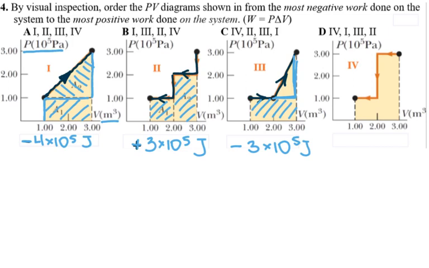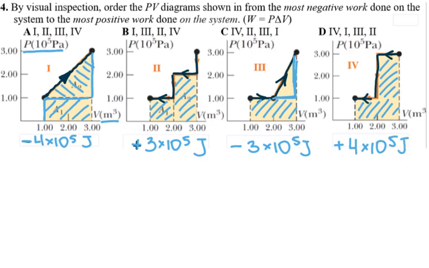And for the last one, it is compressing again. When I'm compressing, the sign is positive on the gas, negative on the environment, because the environment does the work on the gas to increase the energy of the gas. And here I have 2 by 2. So that is 4 times 10 to the 5th joules.